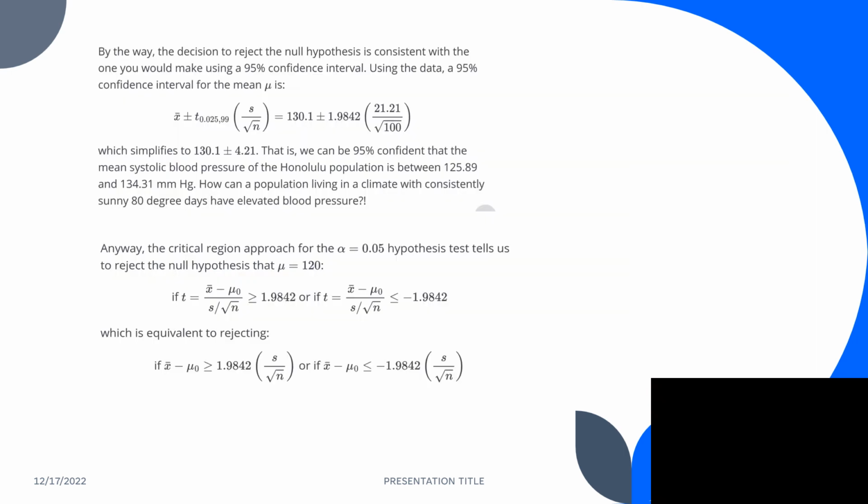The decision for the null hypothesis is consistent with the one we would make using a 95% confidence interval.